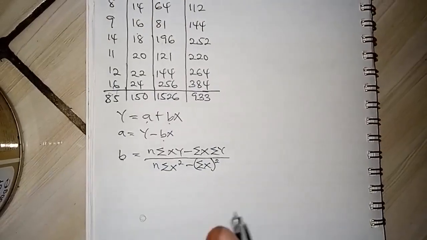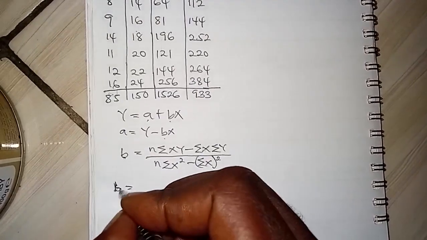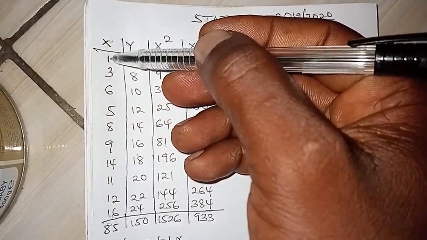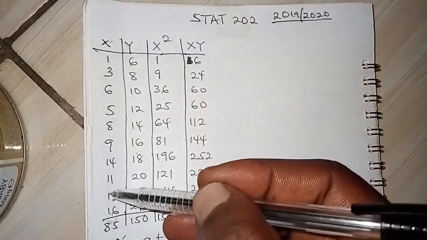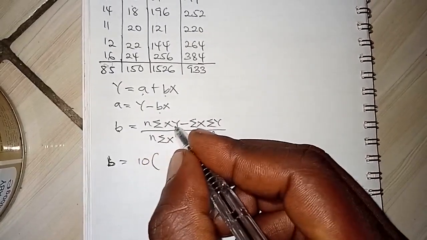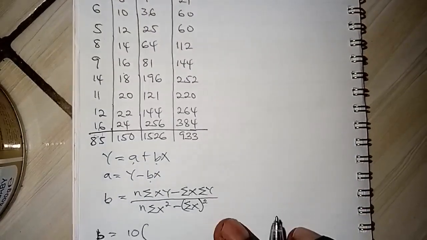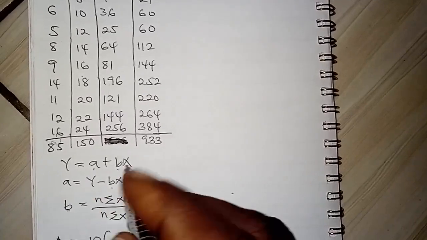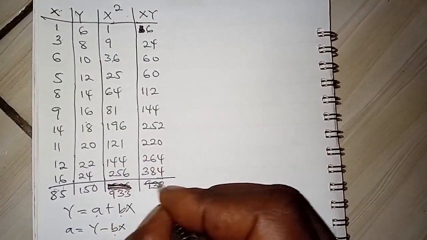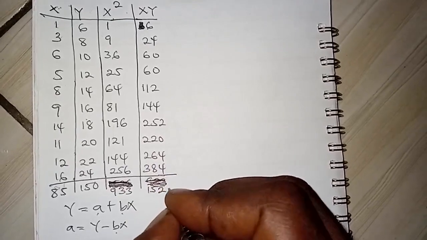So we can now fix that into the formula. b is equal to, for n, the serial number goes 1 2 3 4 5 6 7 8 9 10, so n is 10. So we say 10 times summation xy, which is 1526. I beg your pardon, summation x squared is 933, while summation xy is 1526.